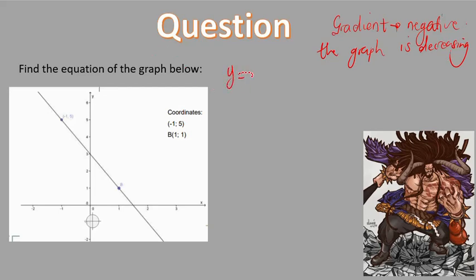We know that the general equation says y equals ax plus q, and therefore in this situation, for me to find a, I have to use the formula y at A minus y at B all over x at A minus x at B. Remember, they have to align.